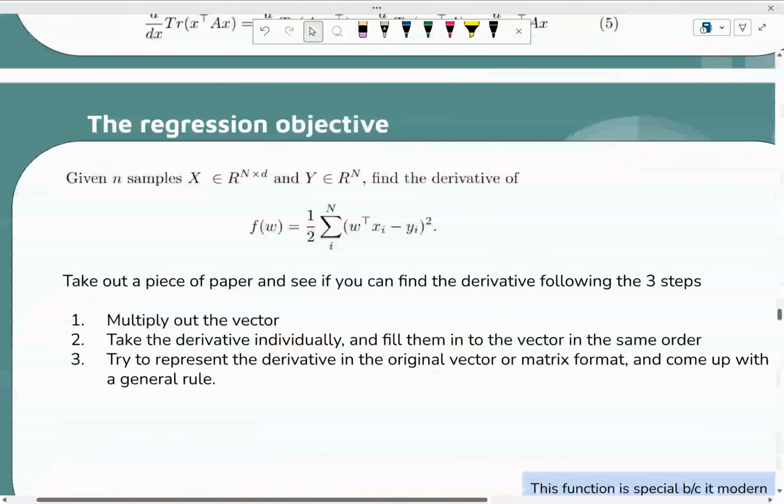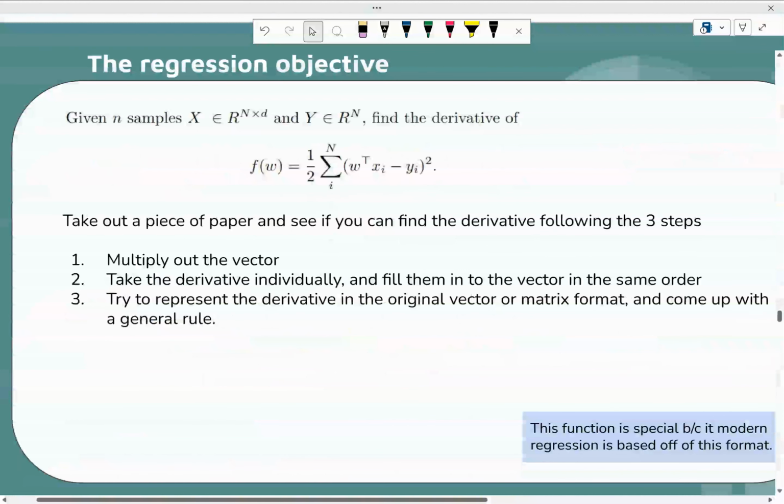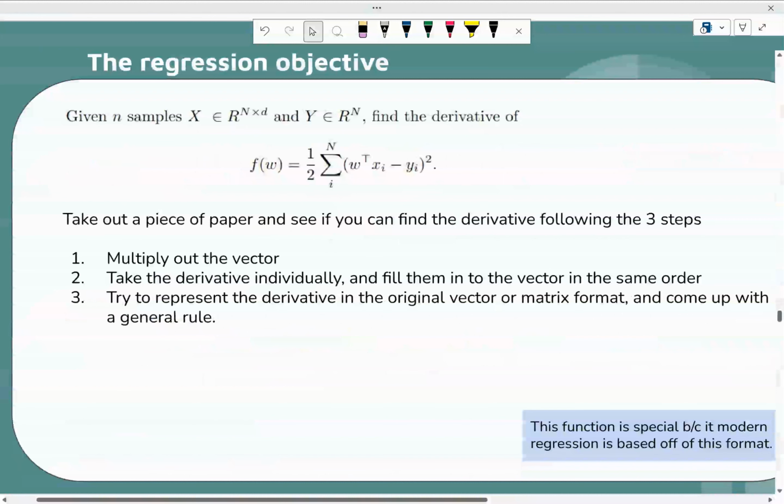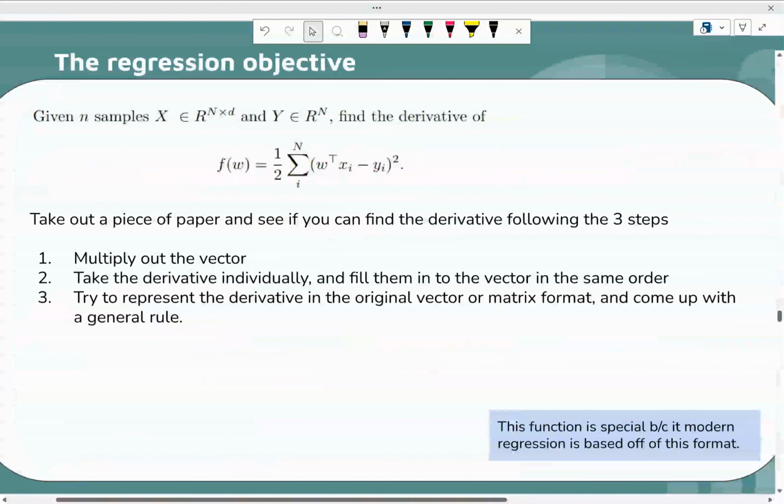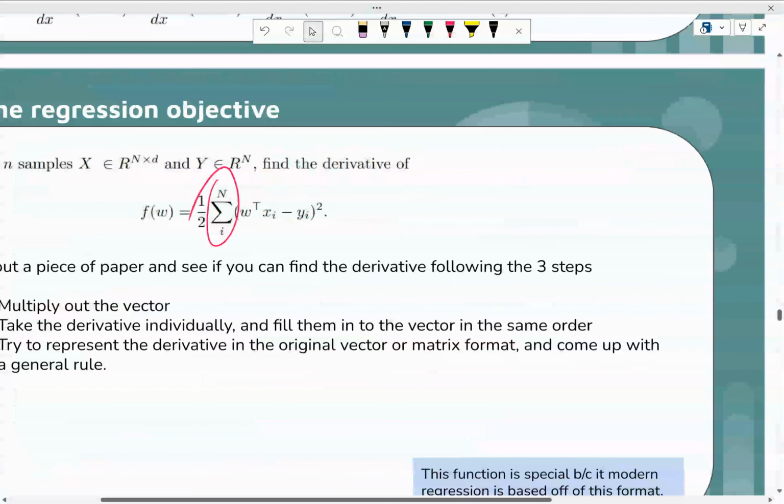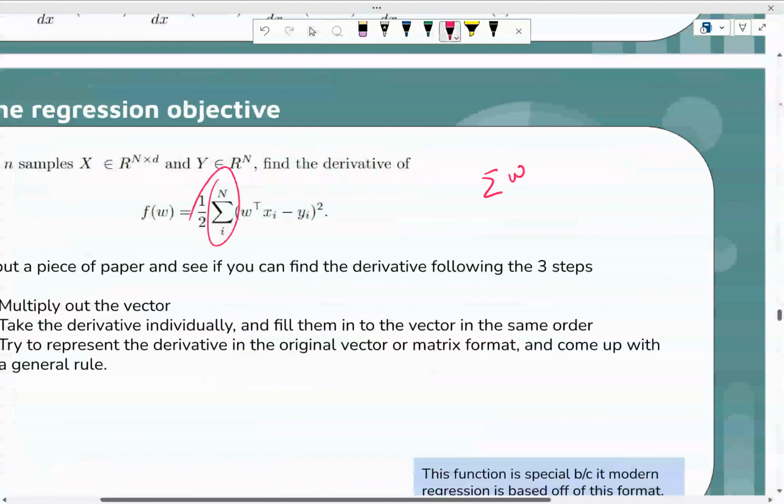Okay, the next one we have is regression. Now, it's easy for people to get confused when there is a summation. Like, how do you take the derivative of this? Well, let's look at a simple example where we have w. The variable is w. Okay, the variable is not x. So the sum from i equals 1 to 2 of w xi. This is f of w equal to this.